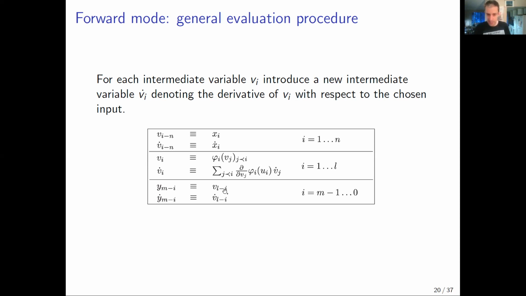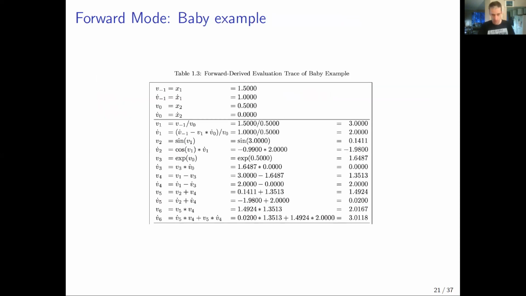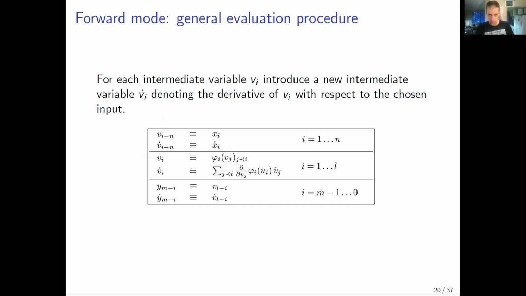And then in the last stage, as before in the original evaluation procedure, we assign the outputs y, but we also assign the y dot outputs, which are the derivatives of the outputs with respect to the chosen input. So that's the general evaluation procedure.